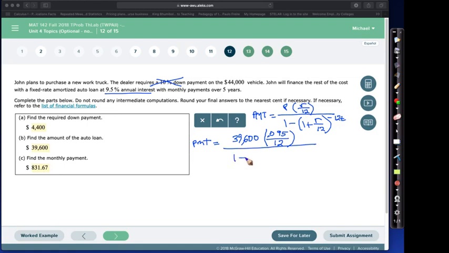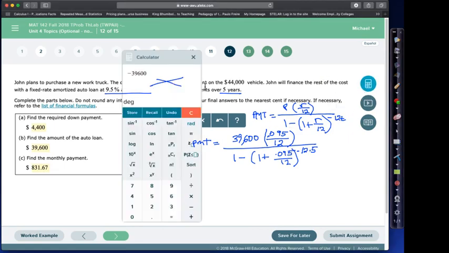It's 1 minus 1 plus R, 0.095 over 12, raised to the negative 12 times 5 years. It's T. So let's go ahead and put it in. You end up using a calculator anyway. I don't know anyone who could do that kind of stuff in their head. More power to them.